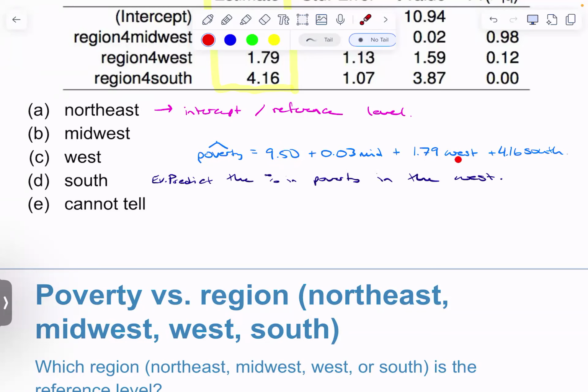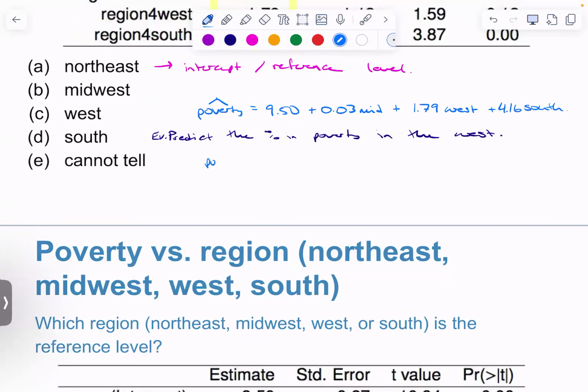But if it's the West, then the mid is off, so it's 0, and the South is off, so it's also 0. Multiply by 0, these go away. So the predicted poverty is 9.50 plus 0.03 times 0, plus 1.79 times the West, which is on, so it gets a 1, plus 4.16 times the South, which is a 0, which is off.